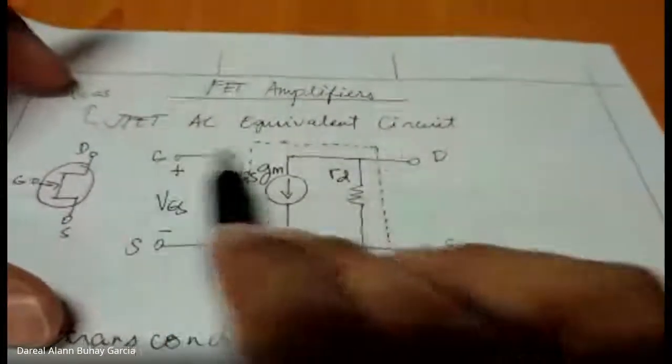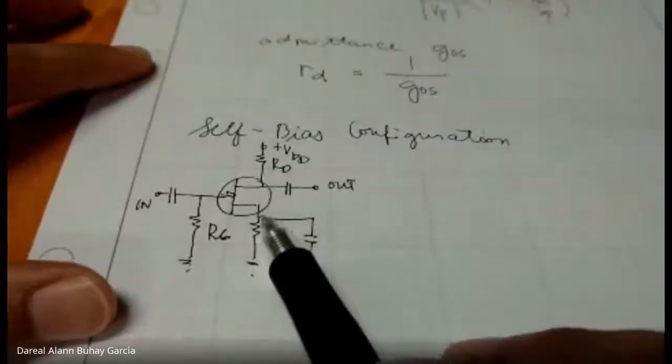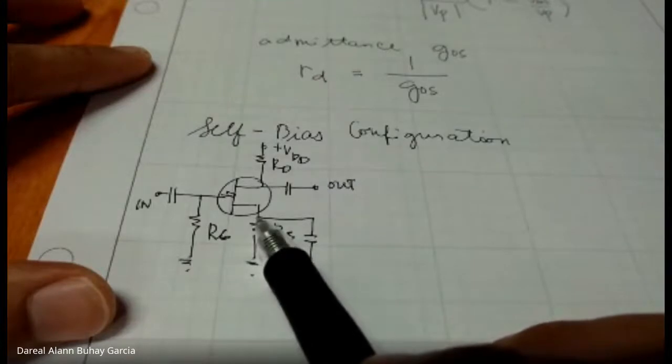So our equivalent circuit replaces the device, the JFET, with its equivalent circuit. RS disappears because it is bypassed, meaning the source is connected directly to the ground.